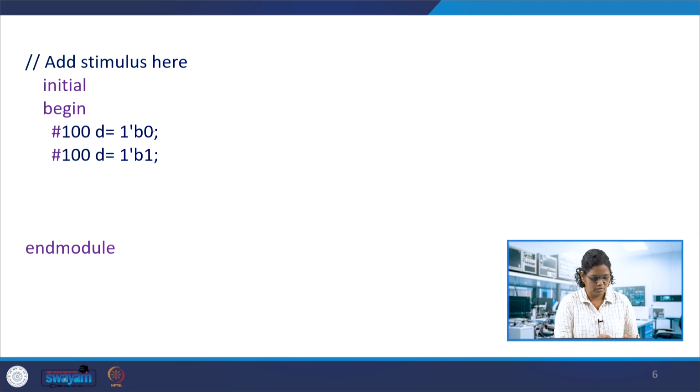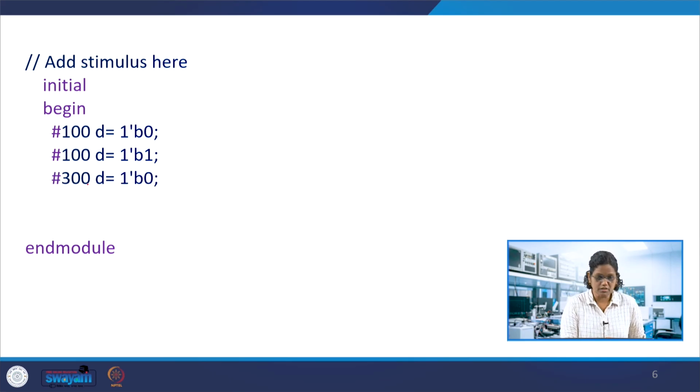So #100 means after 100 time units make d equal to 0, because we already made the initialization 0. After another 100 nanoseconds, d equals 1.